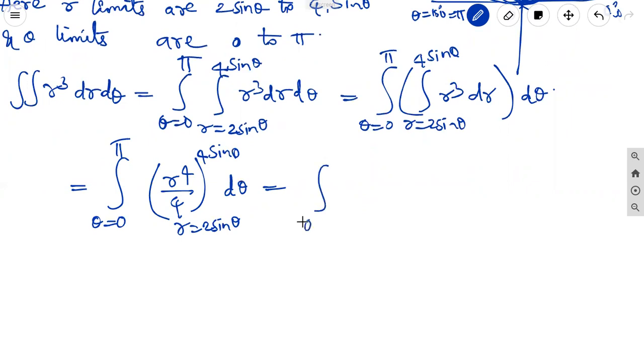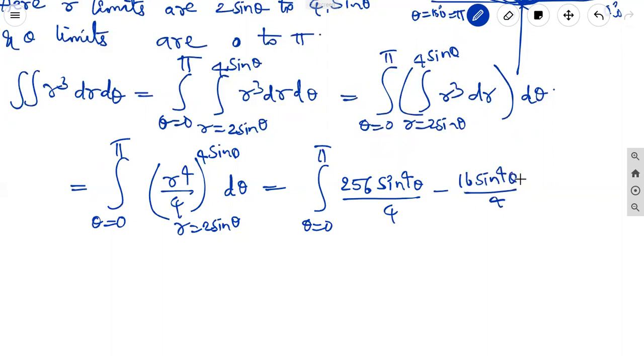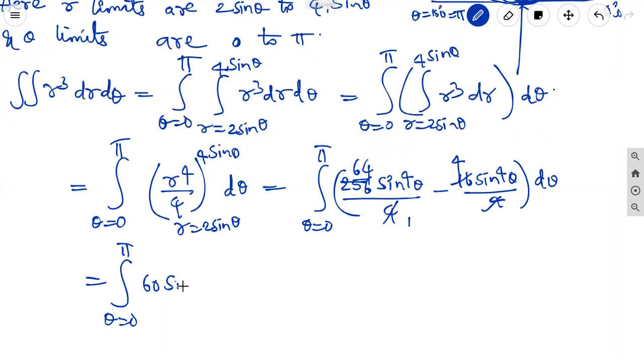It is equal to the integral from 0 to pi of [256 sin to the power of 4 theta by 4 minus 16 sin to the power of 4 theta by 4] d theta. That is 64 minus 4, equal to 60. It is equal to the integral from 0 to pi of 60 sin to the power of 4 theta d theta.